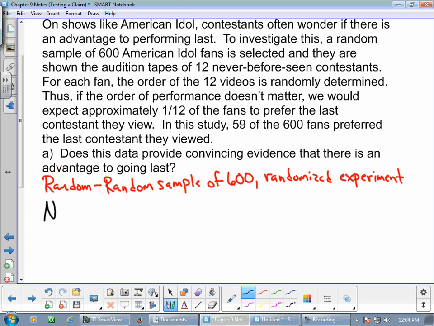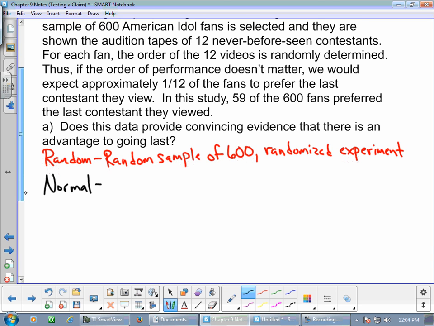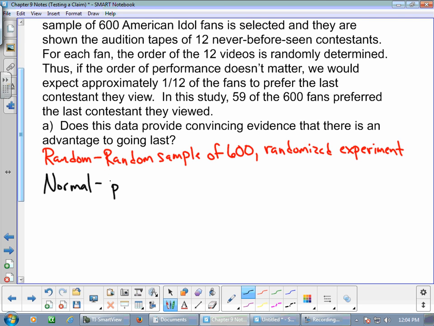Normal? What's P? P hat. Or, okay, can we do this without calculating P hat? Yeah, NP is going to be 59, right? The number of successes, which is greater than or equal to 10.